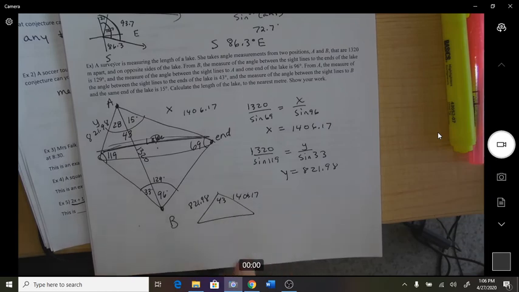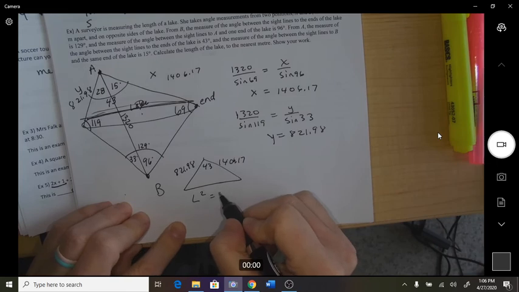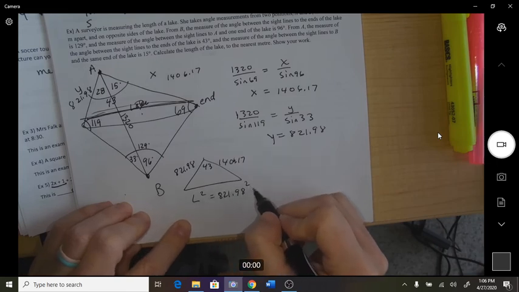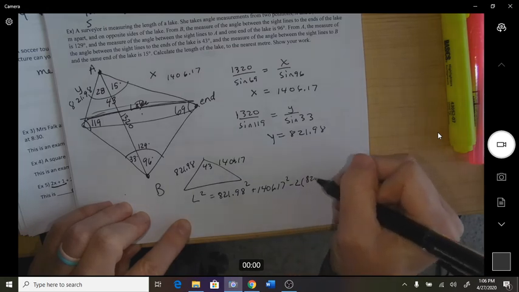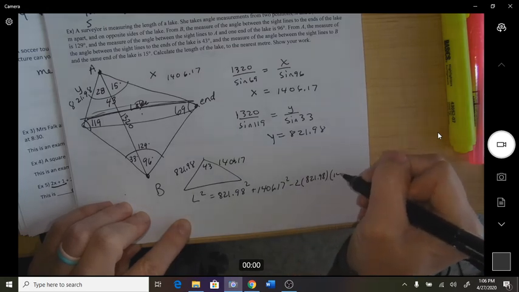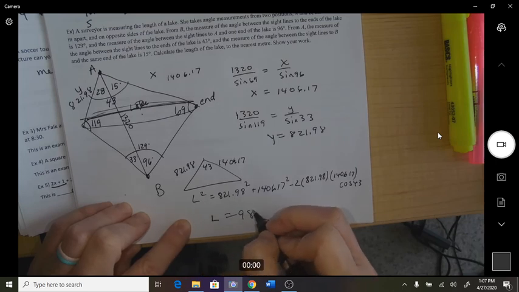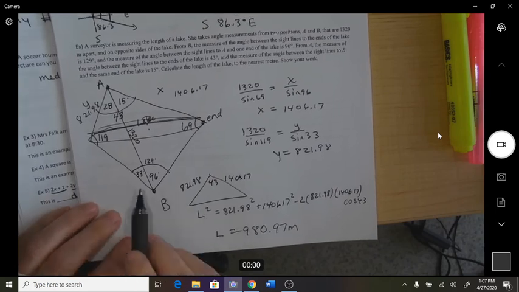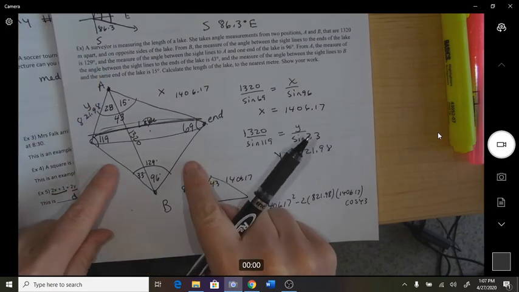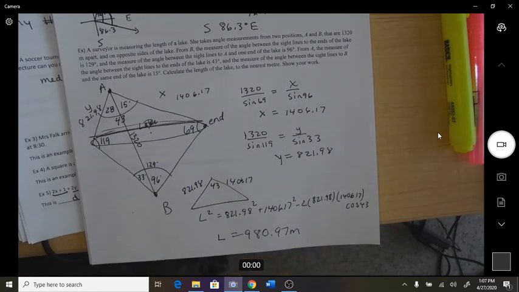And I would do cosine law with it. So lake squared equals that side squared plus that side squared minus 2 times that side times that side times cos of 43. Okay, don't forget to square root, and you should get 980.97. Okay, you also could have done this by doing the same strategy, finding those two sides, and then using cosine law to get it as well.